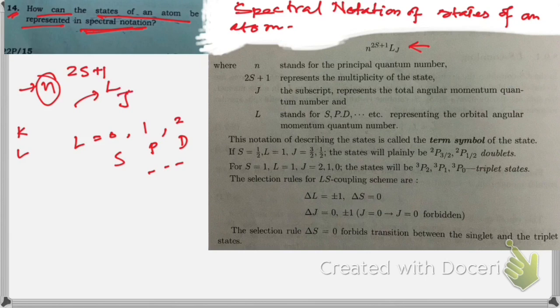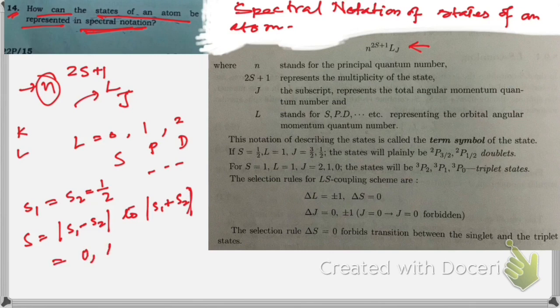So now let me consider the case of a 2-electron system for which small s1 and s2 are half, right? So in that case, the value of s will be given from s1 minus s2 to s1 plus s2. That's from 0 to 1, half minus half is 0, and half plus half is 1. So we will get two values, that is 0 and 1.